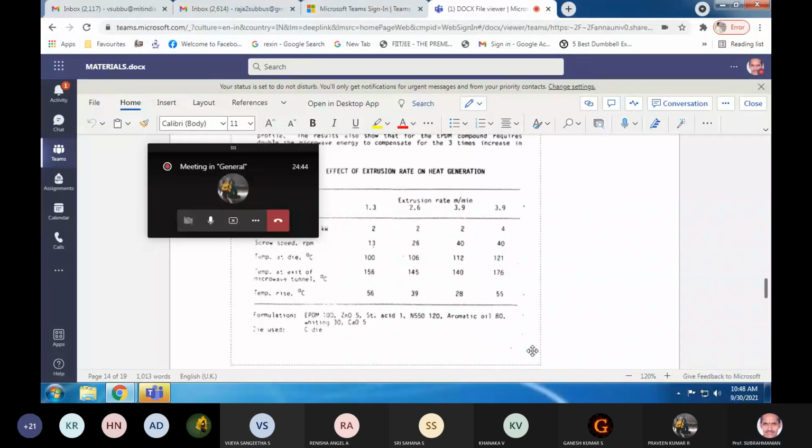Unsaturates have pi electrons. Those pi electrons, whatever the density that is present, is just right enough to allow the rubber chains to undergo mutual collision. This collision is necessary for the volumetric heating.